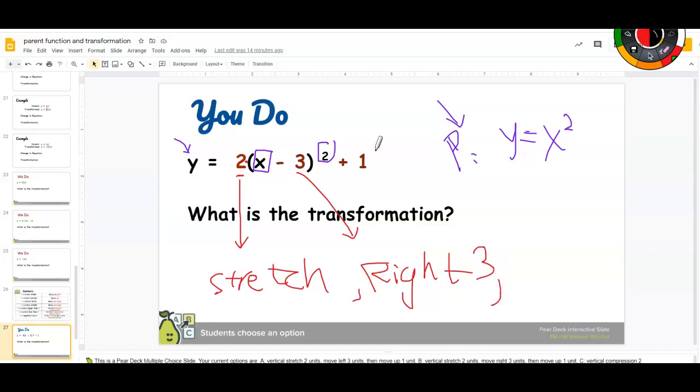And finally, you add a number outside of x, outside of the parentheses. It means go up 1 unit. So stretch, right 3, up 1. Let's see if this is right by looking at the pictures. So now let's check our answer using the picture.